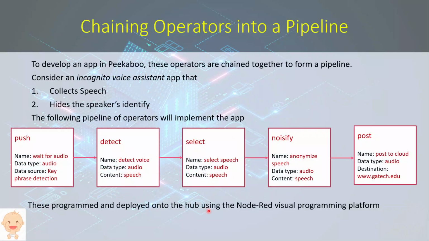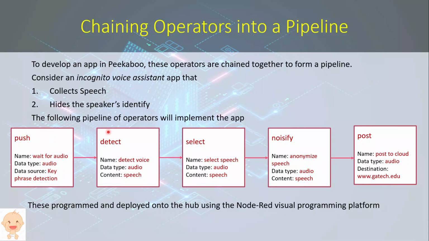An example of chaining operators into a pipeline is provided here. And here we are going to consider an incognito voice assistant app that collects speech and hides the identity. This app might be programmed using our operators as follows. The first operator would be a push. This is where we would sit there and wait for audio to be presented to us.